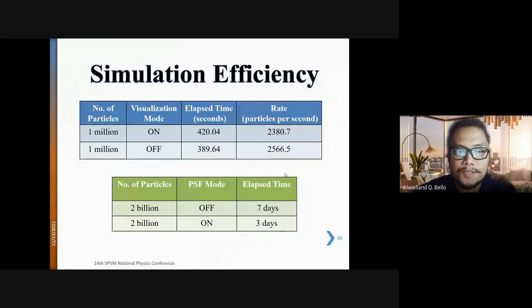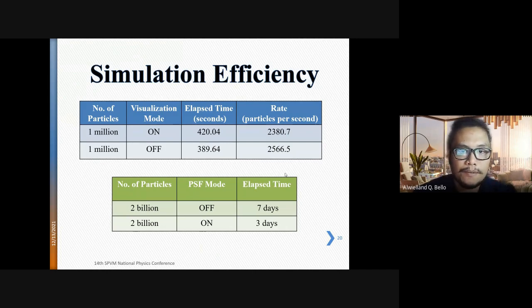So, simulation efficiency: for the number of particles, we have 1 million particles, with visualization mode on, an elapsed time of 420.04 seconds. We have a rate of 2,380.7 particles per second.